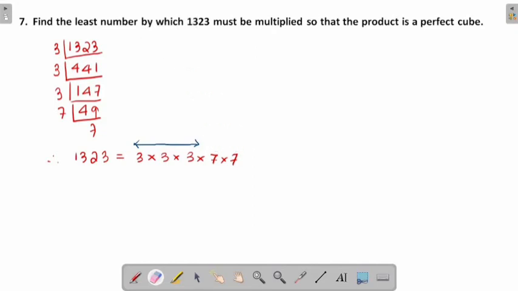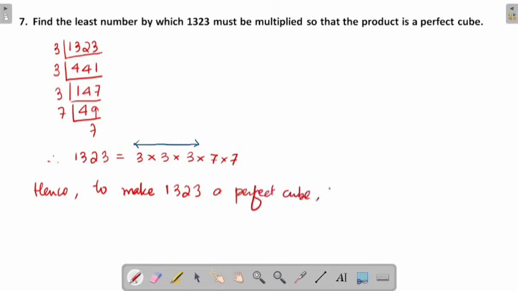So we will write, hence, to make 1323 a perfect cube, we need to multiply it by 7. That's what will be my answer for this case. So pause the video and note down your solution.